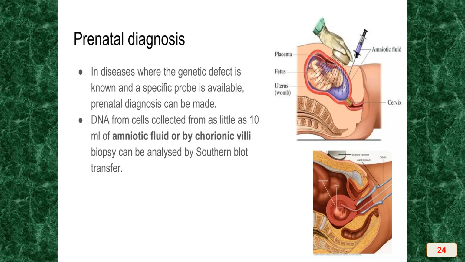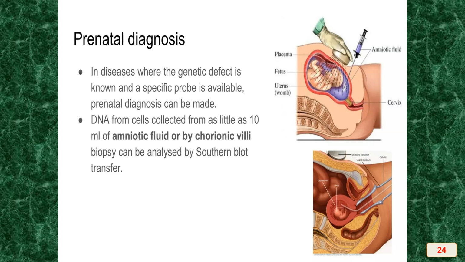So DNA cells are collected from as little as 10 ml of amniotic fluid by chorionic villi biopsy, that can be analyzed by Southern blot transfer. So prenatal disease diagnosis can be easily done by this recombinant DNA technology itself.